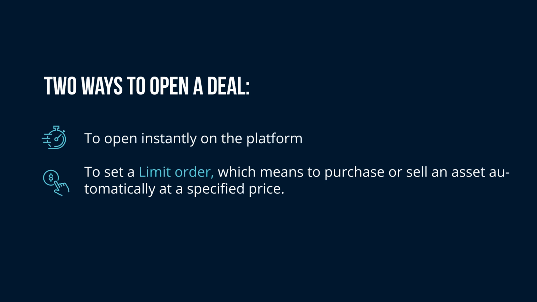Let me give you another example. Imagine that your friend sells cars in a car shop, and you know that once in a while they have really good discounts. So you like one of the cars very much, and it costs $10,000, which is not the amount of money you're ready to pay.